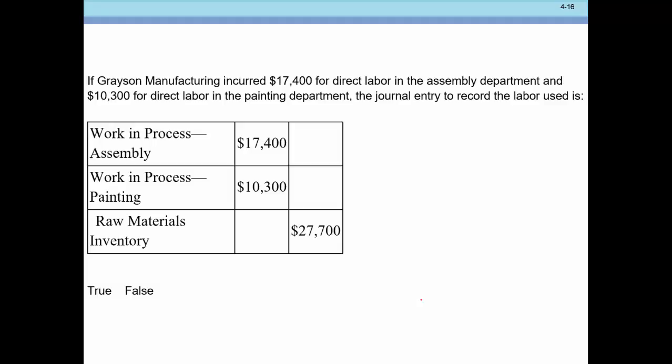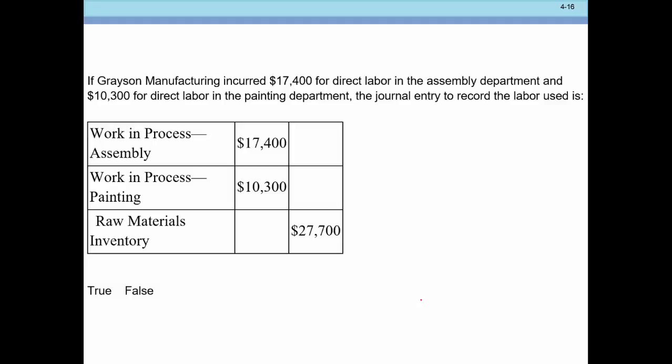So what happens? If Grayson incurred $17,400 for direct labor in the assembly department and $10,300 for direct labor in the painting department, the journal entry to record the labor used, is this correct?